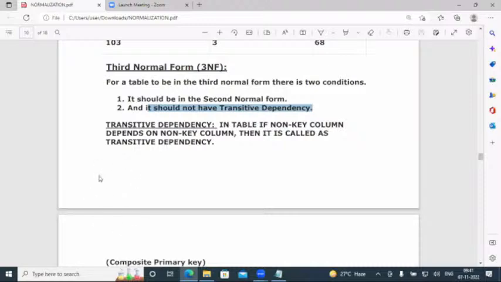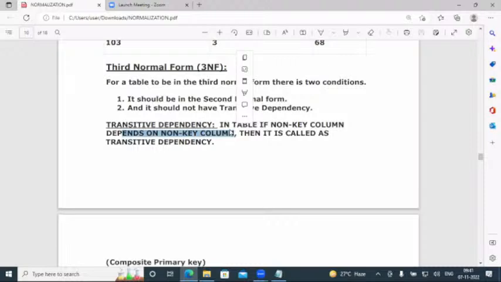So first we will go for the meaning. What is transitive dependency? Transitive dependency is nothing but, in a table, if a non-key column, non-key means non-primary key, depends on another non-key column, then these columns are called transitive dependency columns.